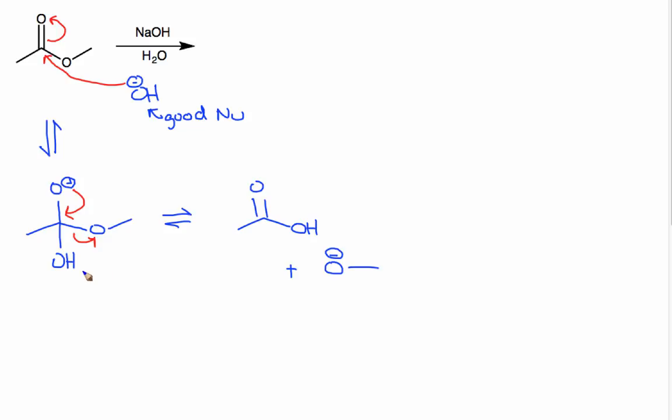So this is a complete equilibrium here, but under these basic conditions, we do have an extra driving force. And that's the fact that we generate this acidic carboxylic acid proton. Let me just show that attached. Okay, and the pKa of that is about 5. So it's going to be favorable for me to deprotonate this to put the negative charge on this oxygen.